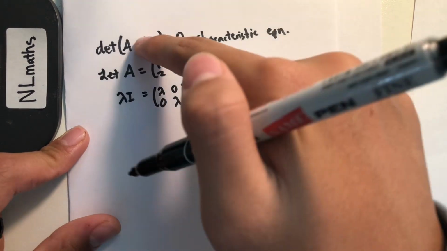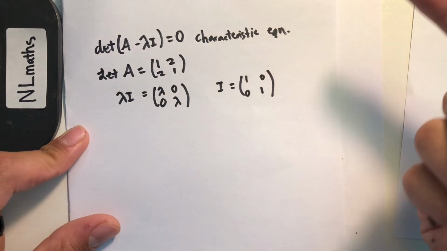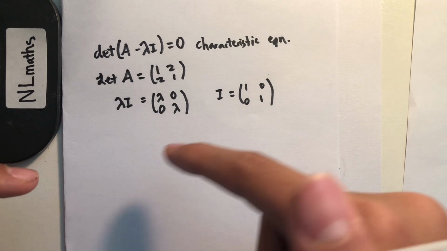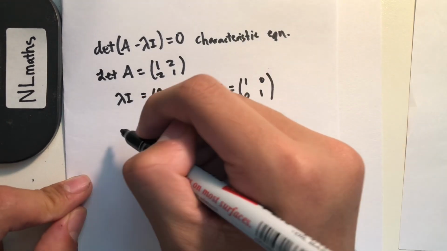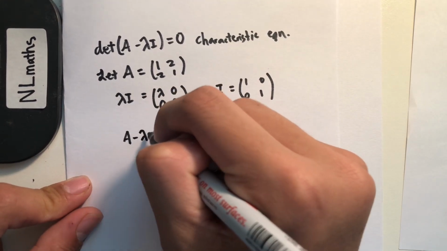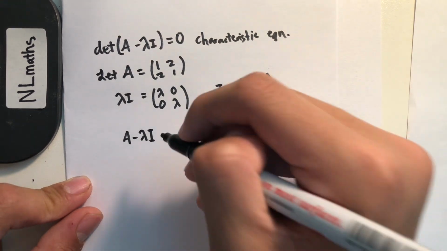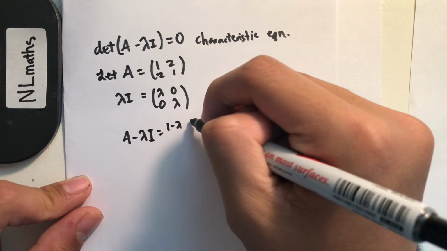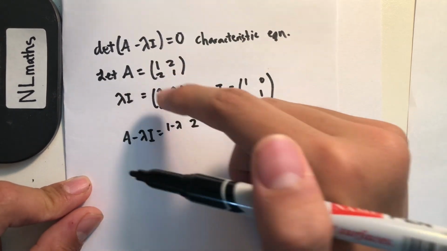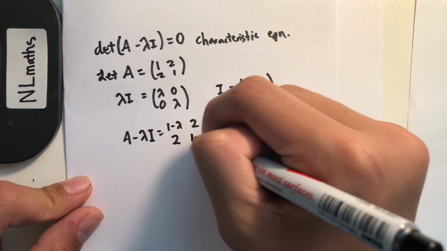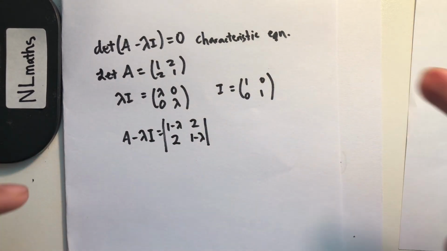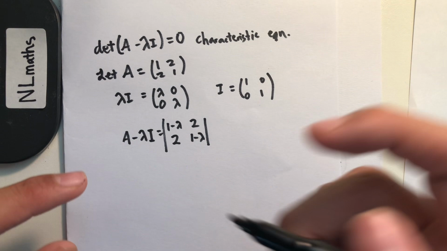And if you multiply it, 0 times lambda is going to be 0. So then we have this. Then if we compute A minus lambda I, this is going to be equal to 1 minus lambda, 2, because 2 minus 0 is 2 again, so that's 2, and 1 minus lambda. So this is our matrix, and we're going to compute the determinant of it.